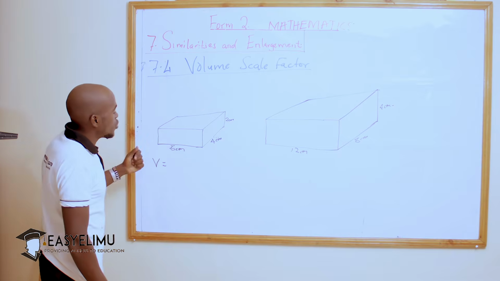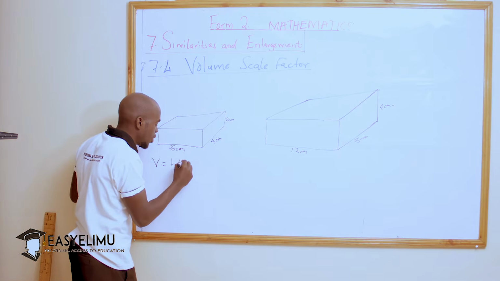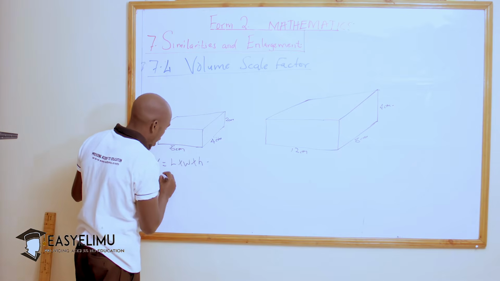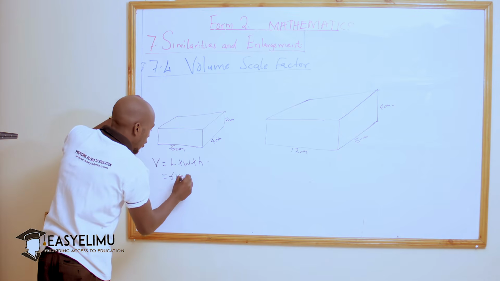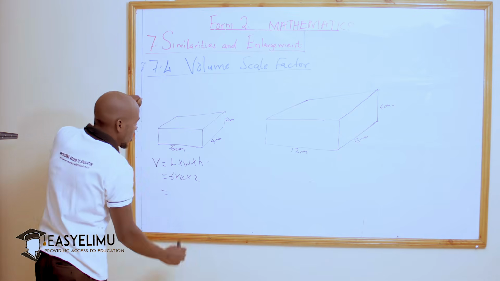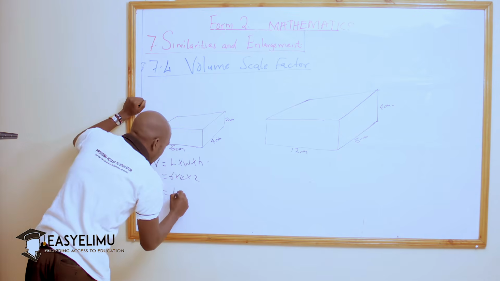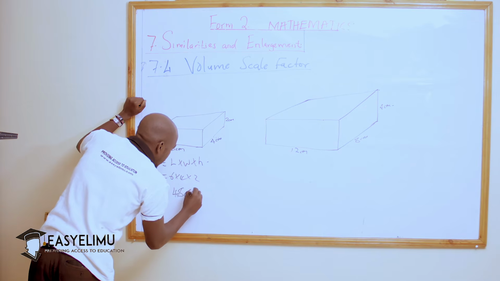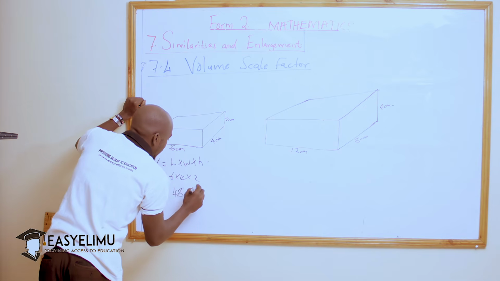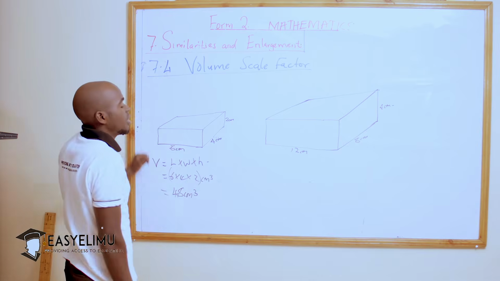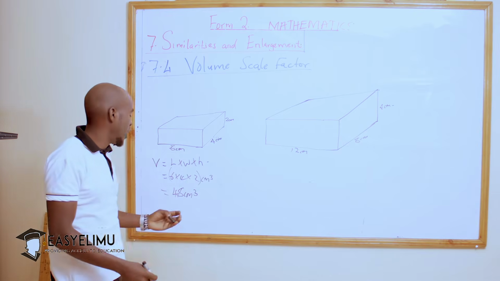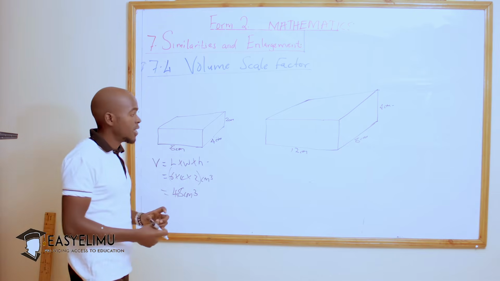The volume will be length times width times height. You will take 6 by 4 by 2, and you are going to get 48 cubic centimeters, because we are dealing with volume and it's 3-dimensional.